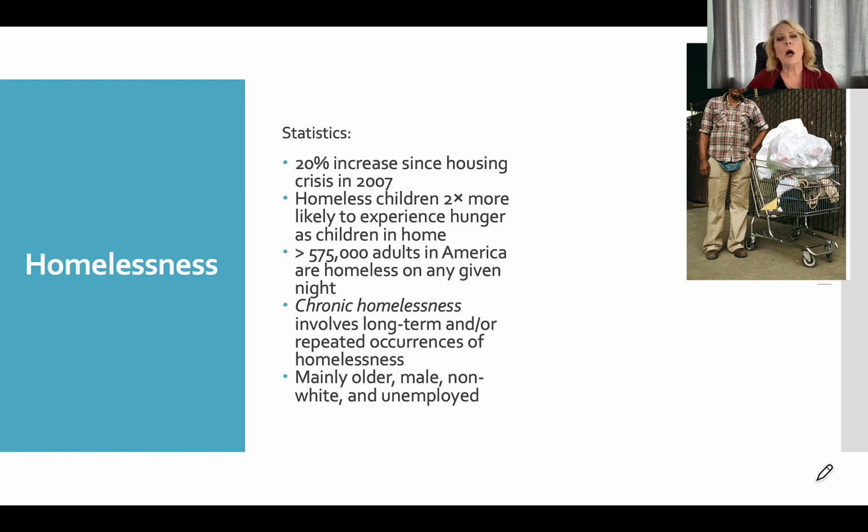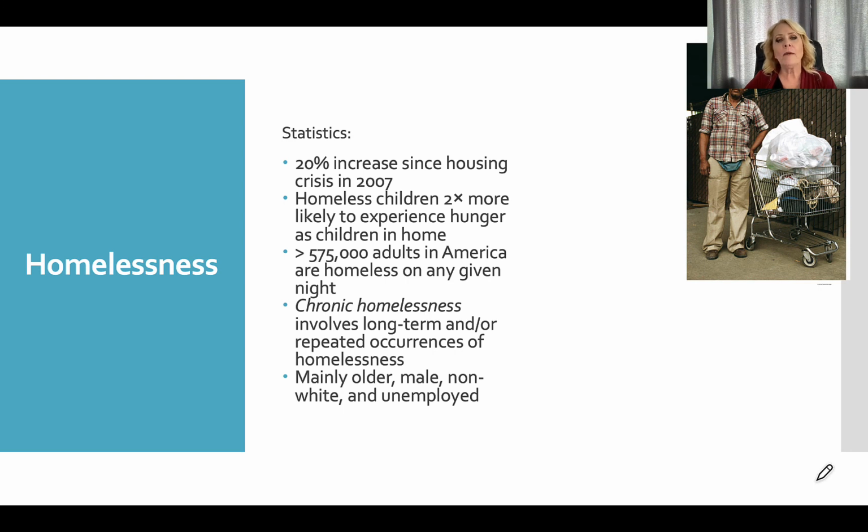And of course, we talked about homelessness. 20% increase in homelessness has occurred since 2007 in the United States. And a lot of that has to do with the housing crisis that occurred 2007, 2008. Many people lost their homes, and they haven't been able to recoup this. With children, there's 2 times more likelihood with homeless children to experience hunger, and more than 575,000 adults in the United States are homeless at any given moment.